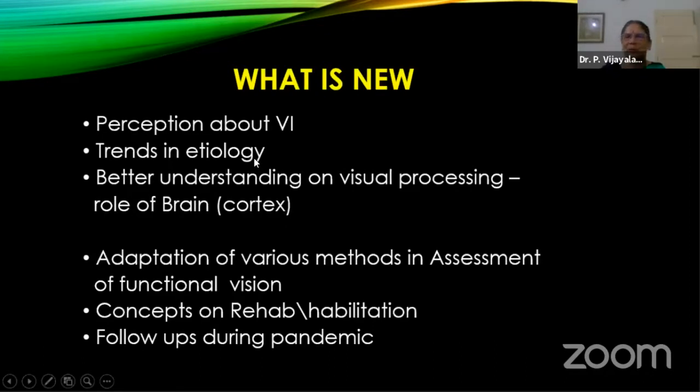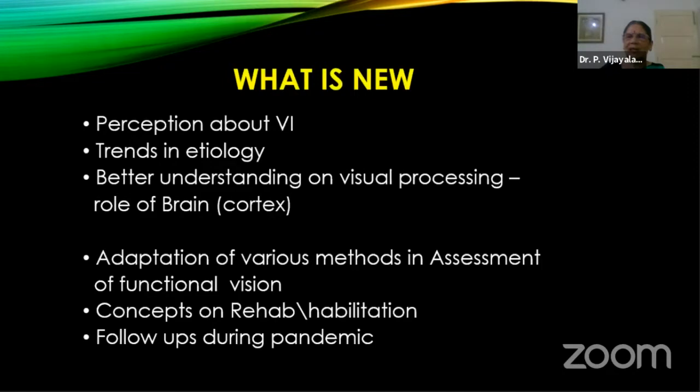First, the perception about visual impairment and the trends in etiology have changed a lot. Along with that, we now know better about the role of the brain in visual processing. This has led to our adopting various innovative methods to assess these children.